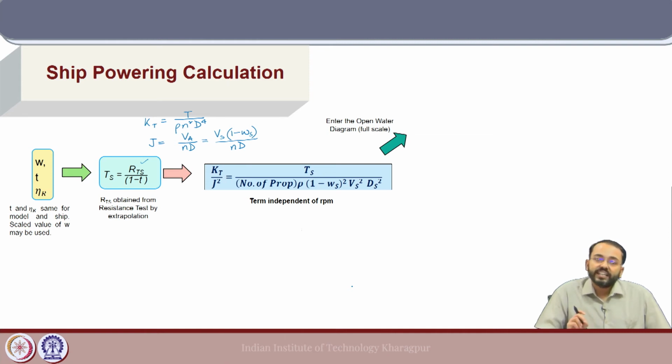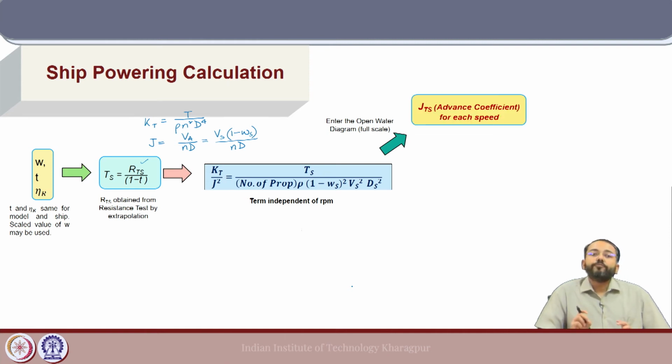Now, we enter using kT by J square, and for that kT by J square from the open water diagram, we can get the corresponding value of J for a specific speed of the ship, that we name as JTS, because we are using thrust identity, in that sense kT by J square identity.